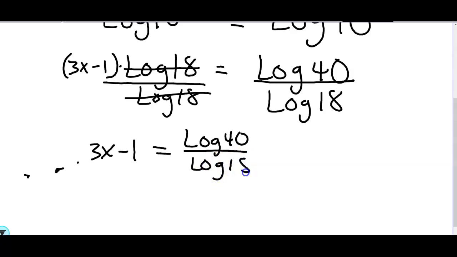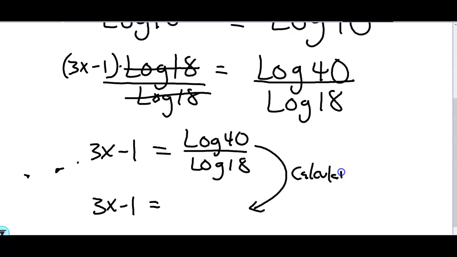And now what I'm going to do is just use my calculator to get this. So let's do that. Log 40 divided by log 18, and I'm just going to take it out to the third decimal place, the thousandths place. So let's see, log 40 divided by log 18, 1.276.